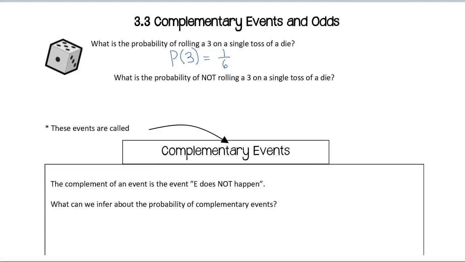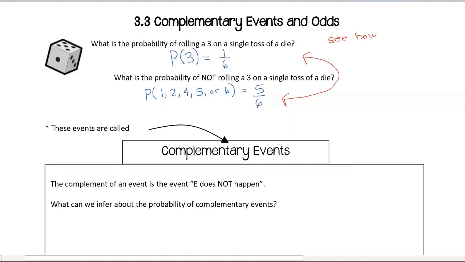The next question says, what is the probability of not rolling a 3 on a single toss of a die? So the probability of a 1, 2, 4, 5, or 6, because we want to not roll a 3. Well, there are 5 sides that aren't 3 out of 6.